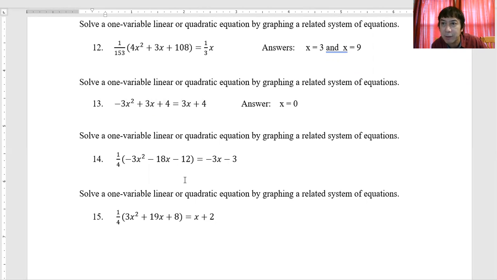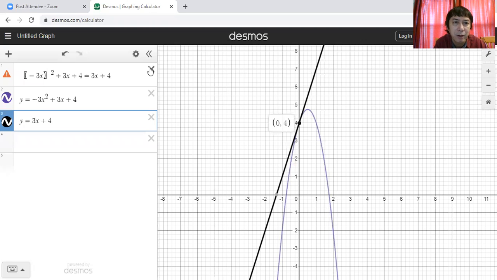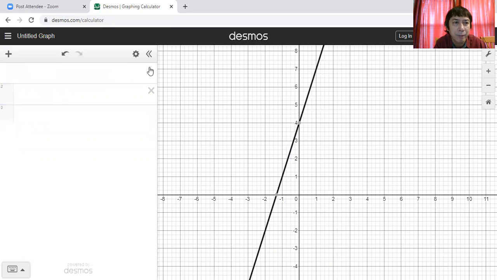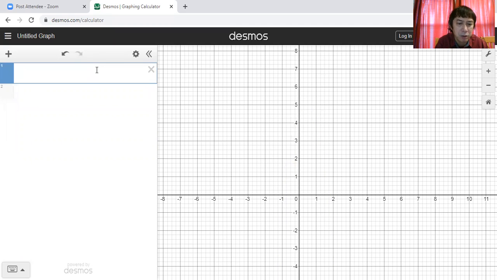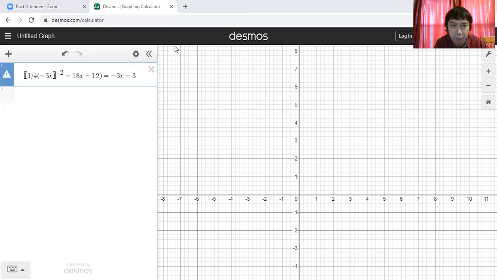So it looks like the same category. Quadratic on the left, linear at the right. All right, and so let's have the equation and use the graphing calculator, so that you'll be able to learn how to use it. Erase the previous problem and then paste there.